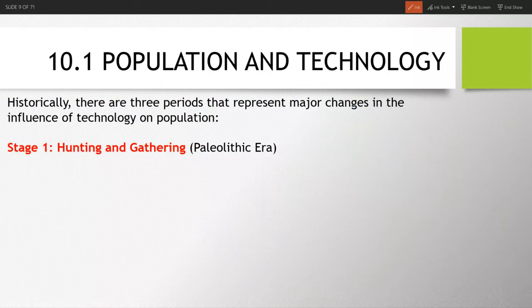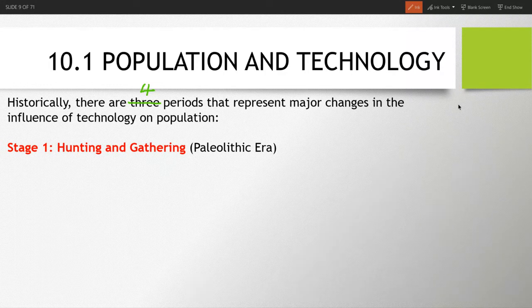What we'll notice in human history is that we get different periods that represent major changes in the influence of technology on population. There are actually 4 of these that we'll look at.